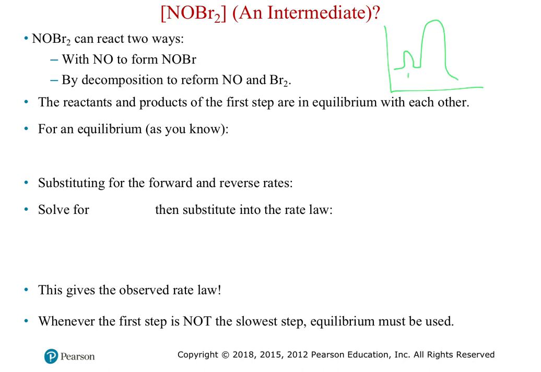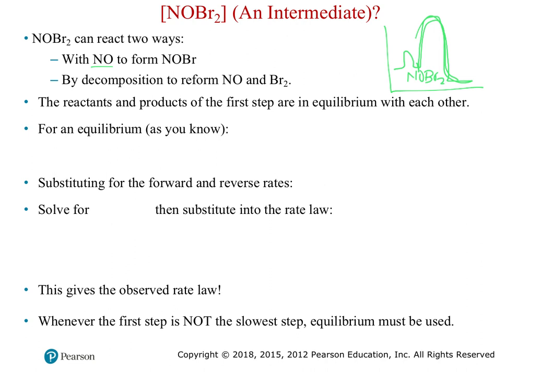When we form our intermediate, NOBr2, it's right here. It can either react with another nitrogen monoxide and go over the bump and form our products, or it can go backwards and form nitrogen monoxide and bromine.